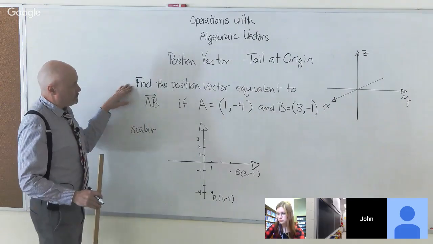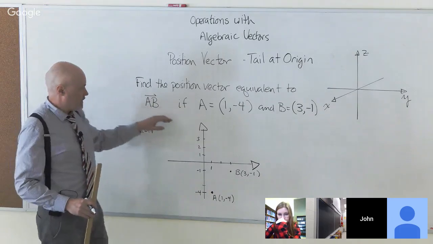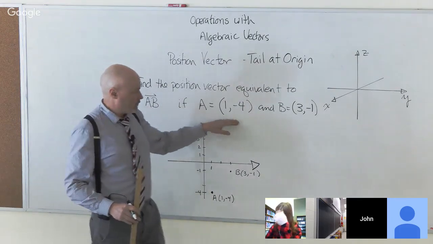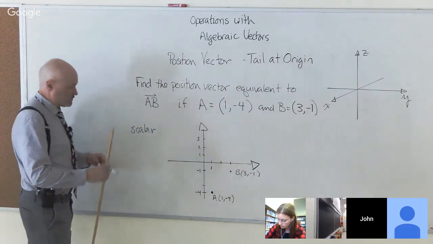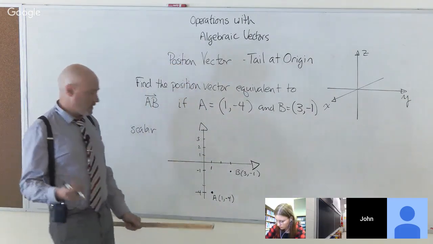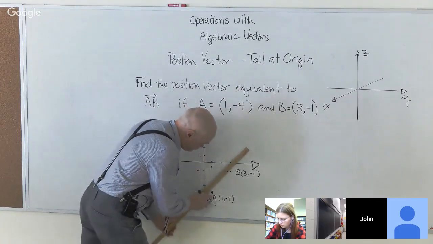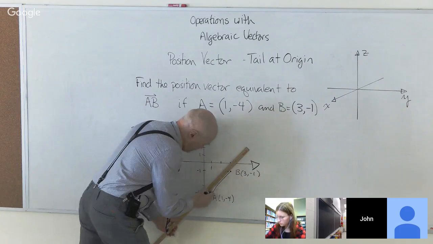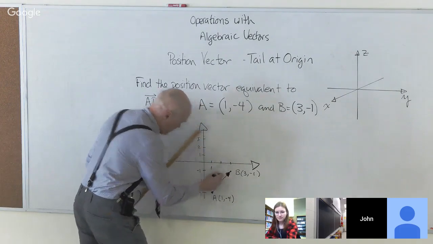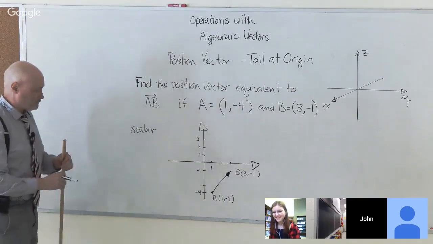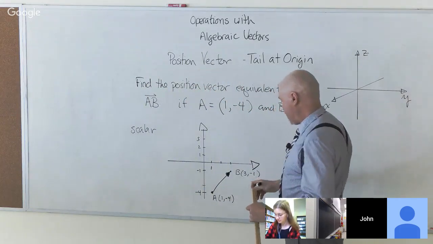So if we wanted to find the position vector equivalent to vector AB, if A is at 1, -4, and B is at 3 and -1, first of all, let's find out what the components of this vector AB are. Okay, so we're going to draw it, maybe not that well, but we're going to draw it. Okay, so there's AB. We just have to find out what the components of this vector are.